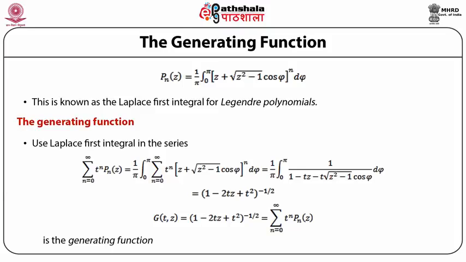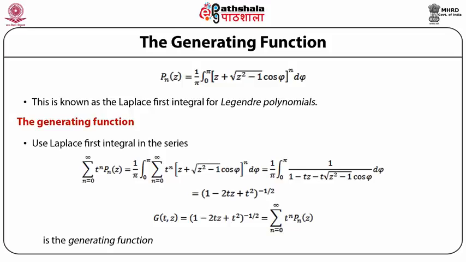This is an elementary integral. On evaluating it, we get summation over n going from 0 to infinity t raised to power n Pn of z is equal to 1 by square root of 1 minus 2tz plus t square. Hence, we have the generating function given by capital G of t, z is equal to 1 by square root of 1 minus 2tz plus t square.